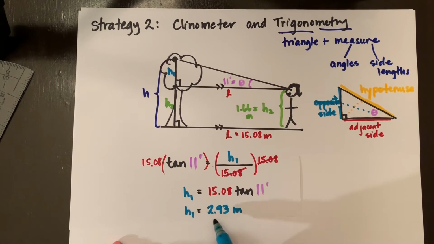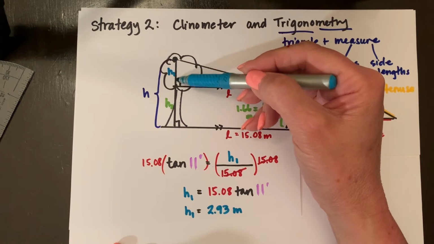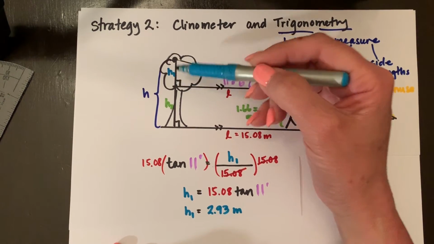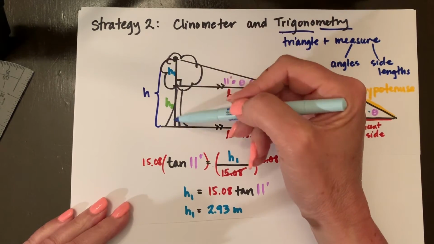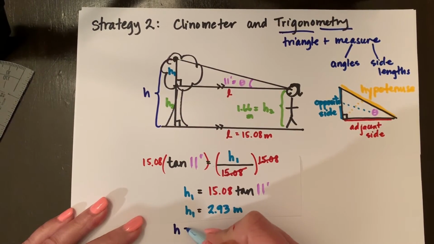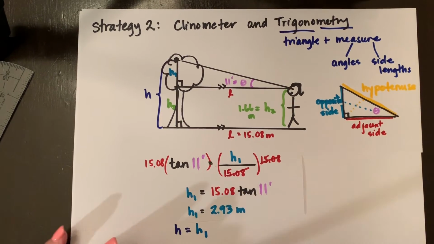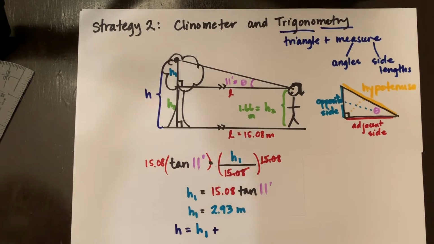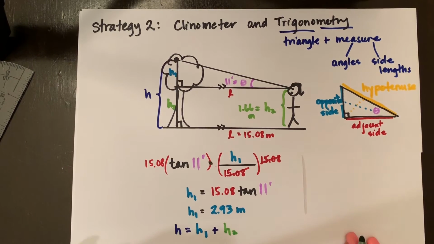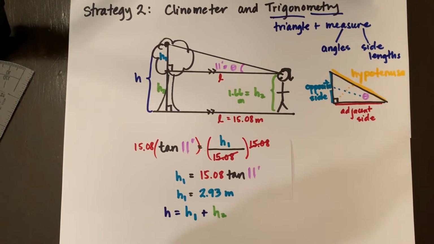Okay, so now recall that this height of 2.93 meters only represents the height of my right triangle. In order to find the height of the orange, I'm going to have to combine the height of the right triangle with the height of my eyes above ground. So let me slide this up to make sure you can see what I'm writing.